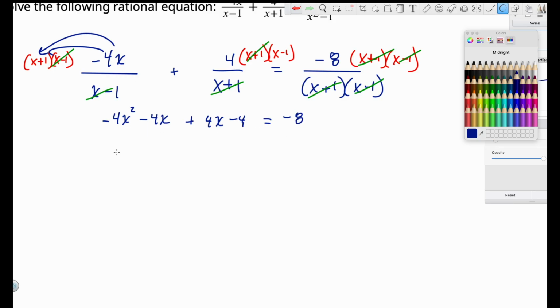Right? Now I've got negative 4x squared. Ooh, these cancel. That's nice. Minus 4 equals negative 8. How about let's add 8 to both sides.